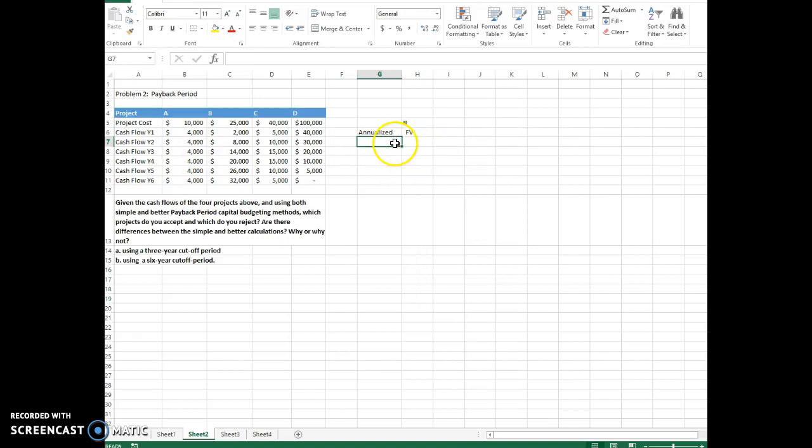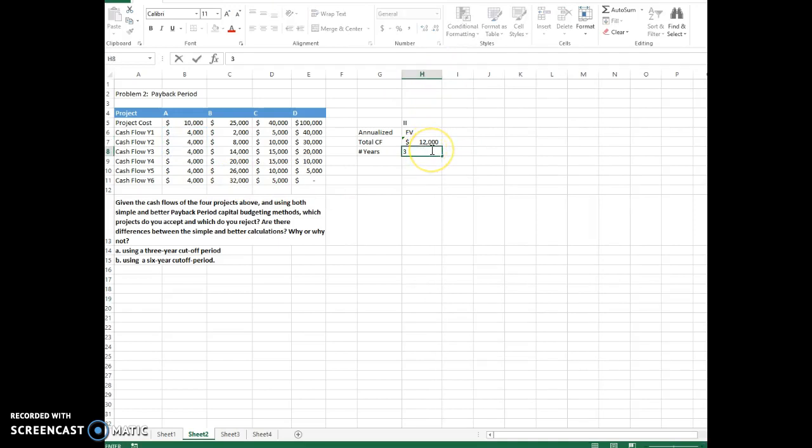So annualized, so total cash flows, and then we'll go number of years, so we can get an annualized amount. Okay, so total cash flows is going to be equal to the sum of what? For project A, it's the first 3 years of cash flows, right? So we get $12,000. Number of years in this case is 3.